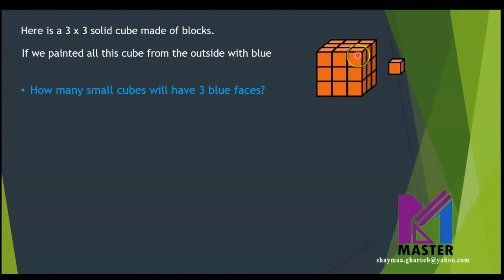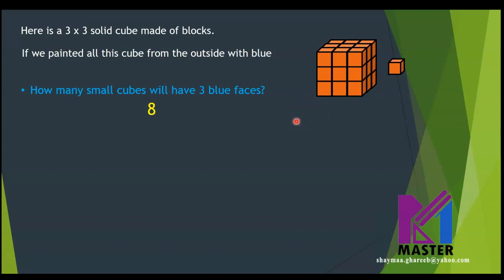So I have a corner here and a corner at the back here and one at the back here and one, and this one, and the four down, the four corners down. So how many small cubes at the end will have three blue faces? 8 cubes. The four corners on top and the four corners at the bottom.